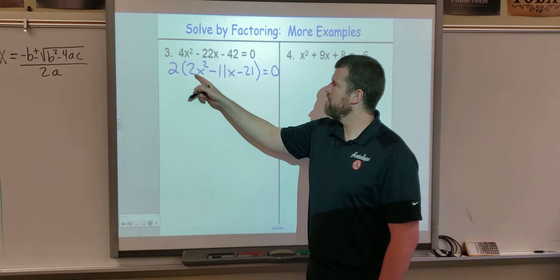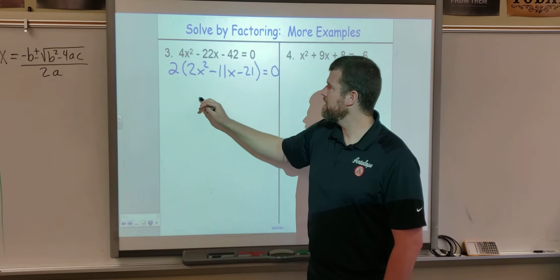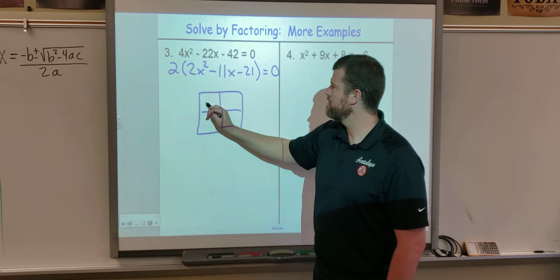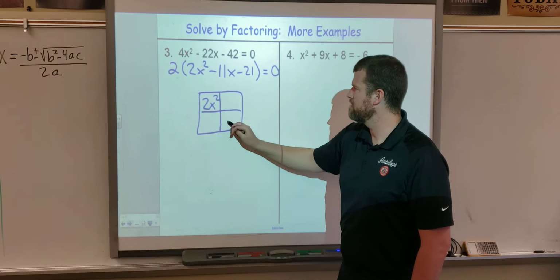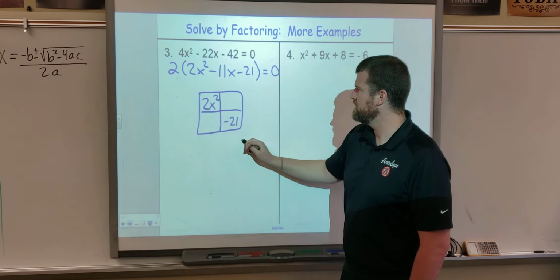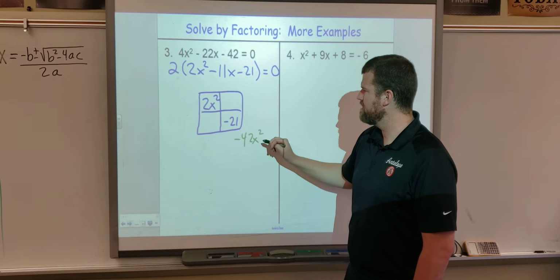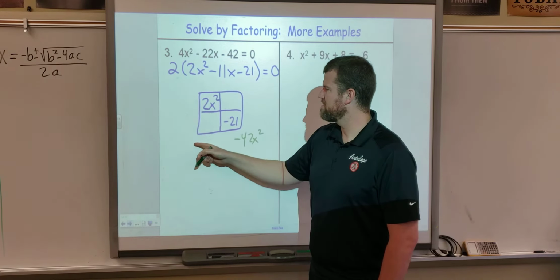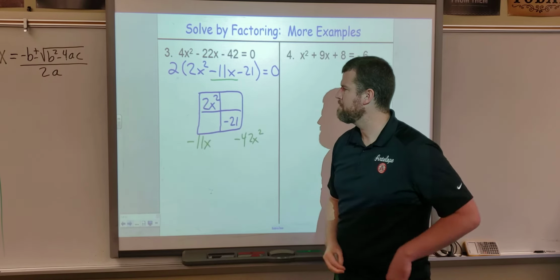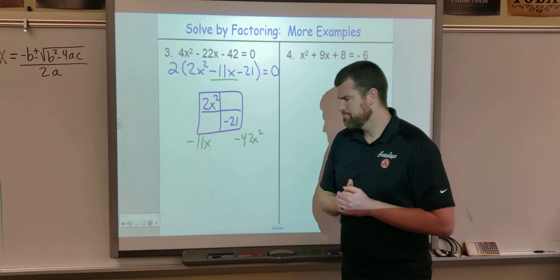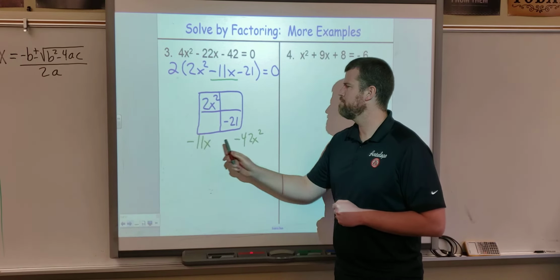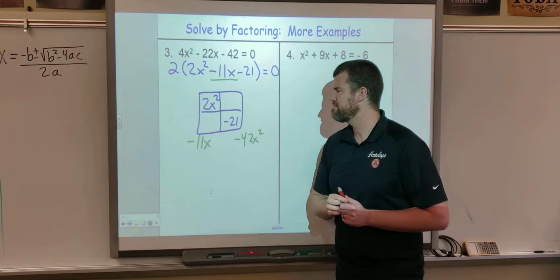Now that we factored that out, we can take the remaining quadratic and factor it using the box. First term, first box. Last term, last box. Multiply those together to get negative 42x squared. And then we know that these two boxes have to add to the middle, so negative 11x. So now I got to brainstorm. What would multiply to negative 42x squared but add to negative 11x?